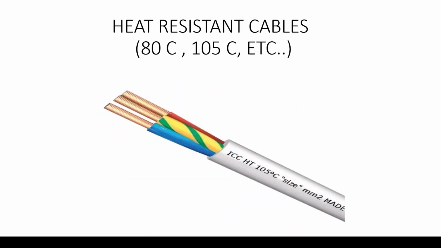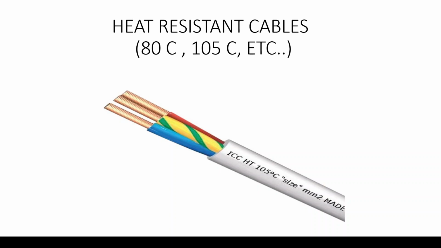The second type are heat-resistant cables. These cables are usually used for terminating the wire to the final fixtures, such as light fittings, water heaters, fan coil units, things which tend to be hot or tend to have a higher temperature during their normal operation.